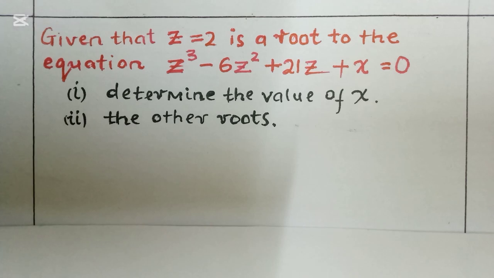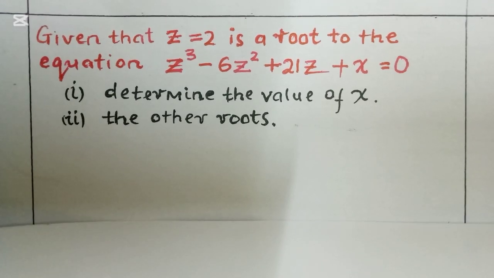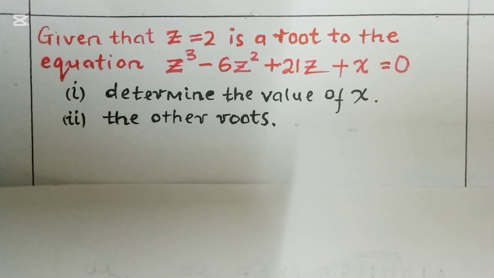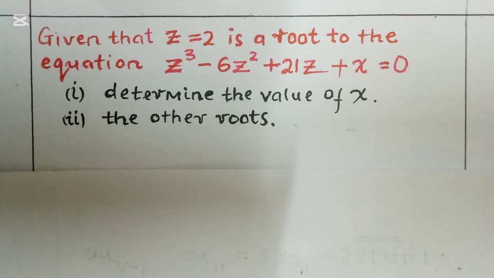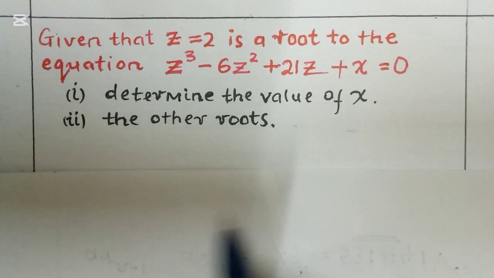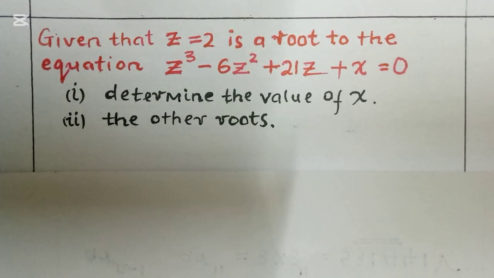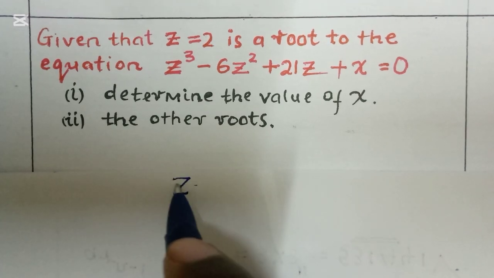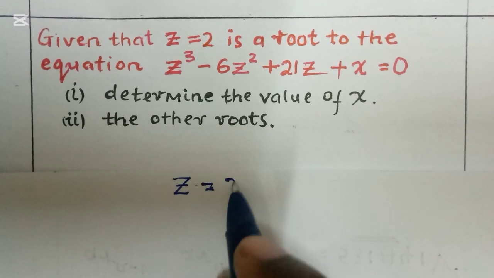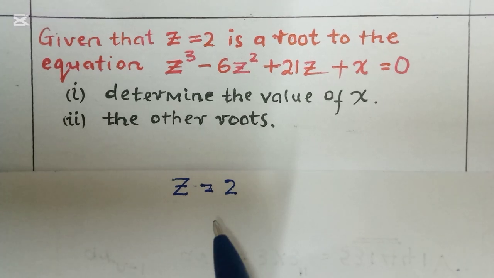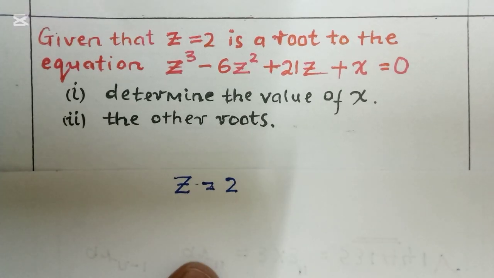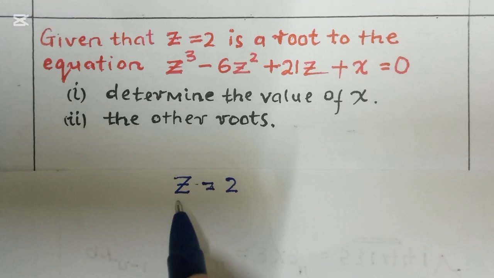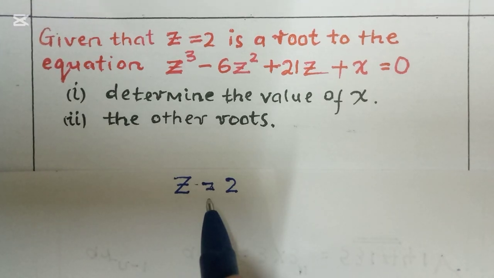So guys, we go ahead and now determine the value of x. We are told that the root of the equation is z equals 2. Wherever we are given the root, we can modify it so that we have a factor.